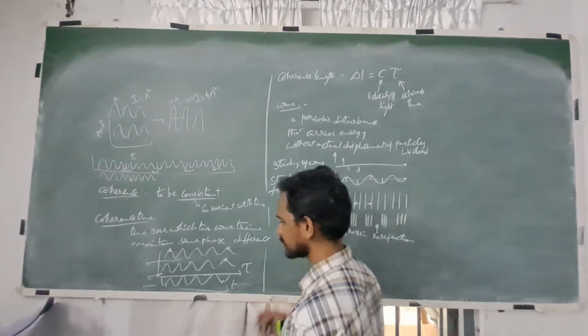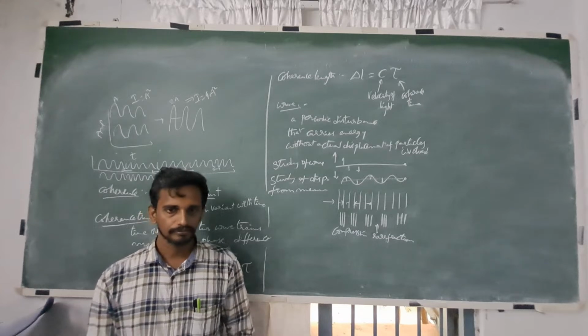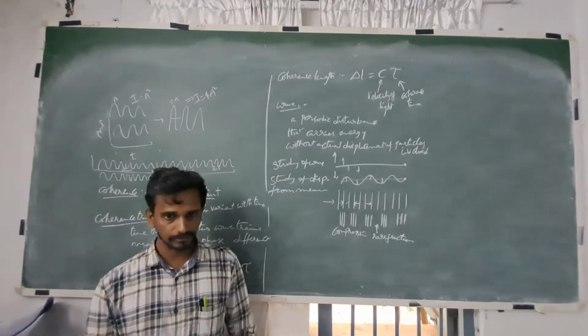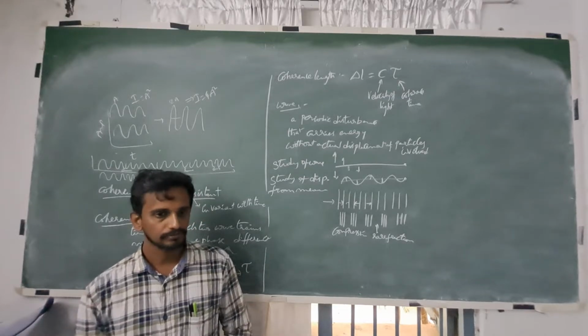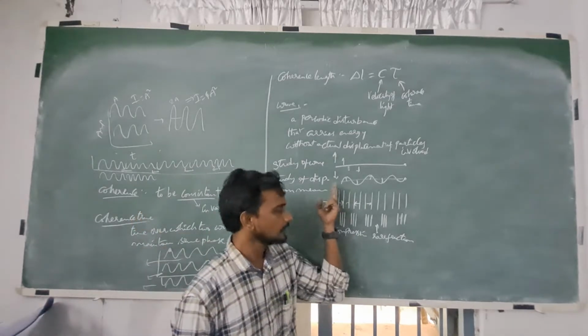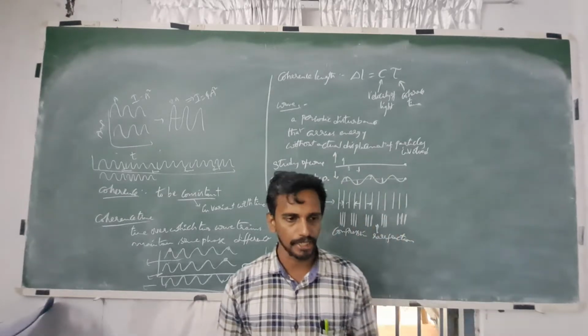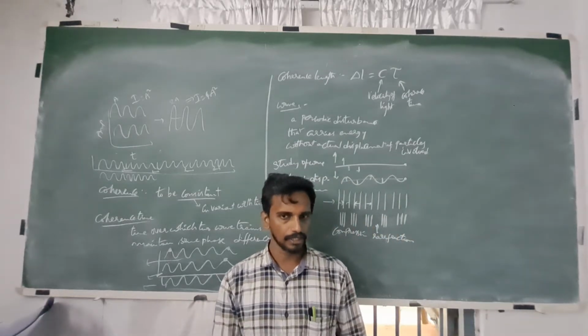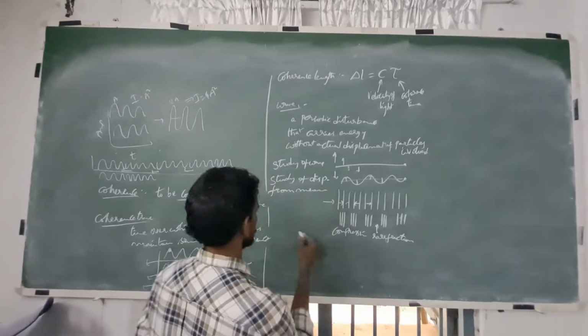So now we have to study the displacement in order to study the wave. So how to study the displacement? I have two possibilities. As a function of space: fix the time, or freeze the time, and see how the displacement varies as a function of space.